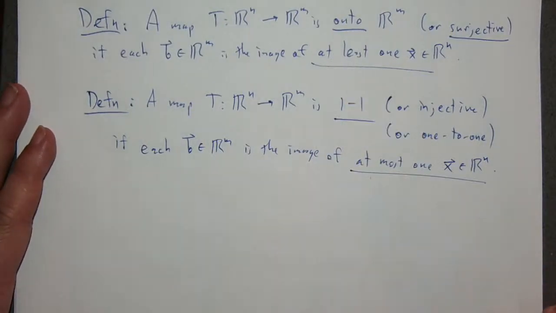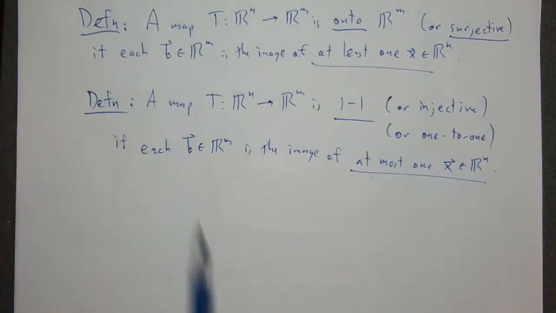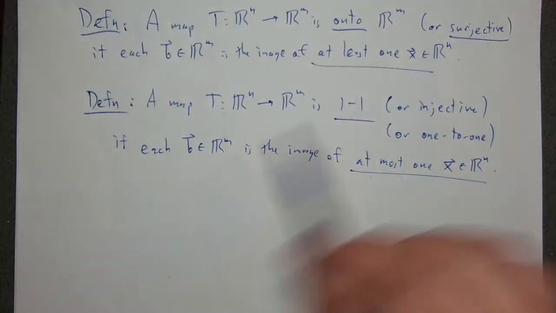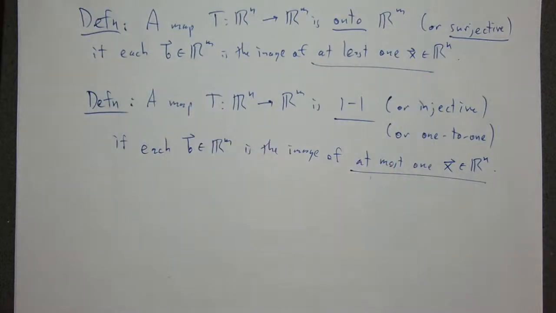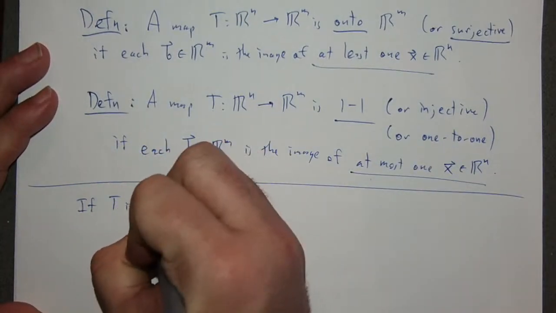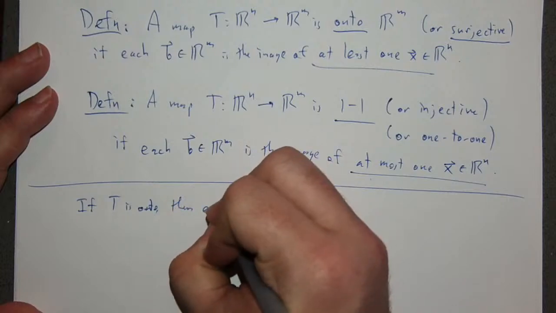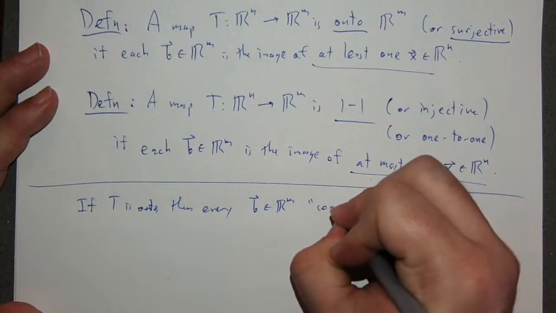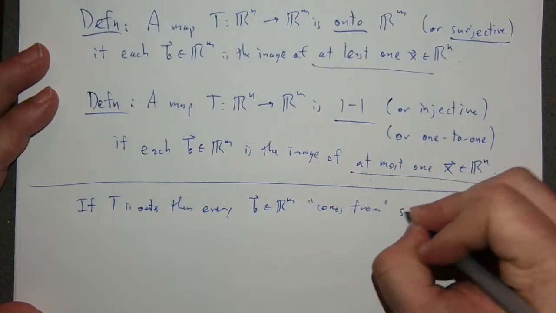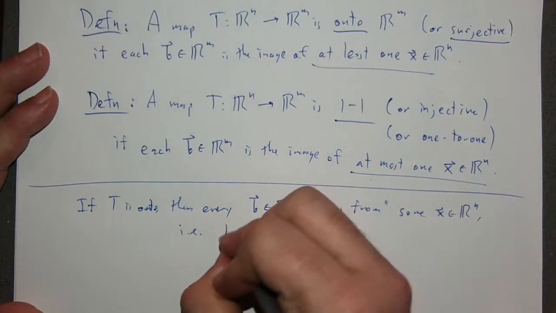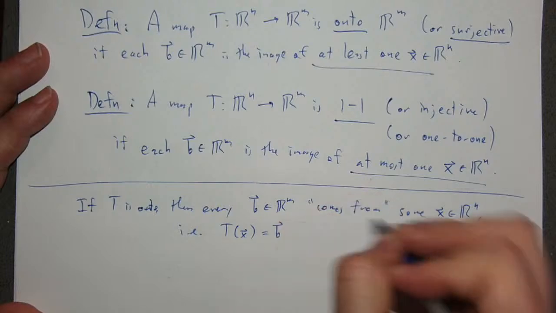So to talk about a map that's onto, this is if every single b in the codomain is the image of at least one x in the domain. So if T is onto, then every b in R^m comes from some x in R^n, i.e. T of x is equal to b.